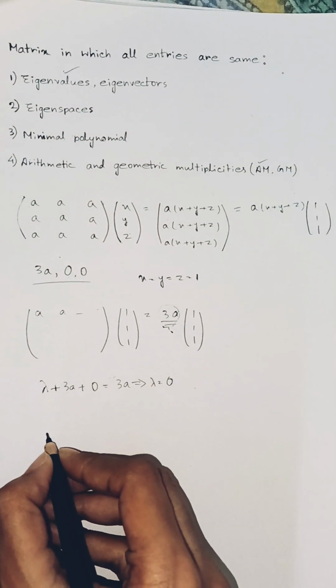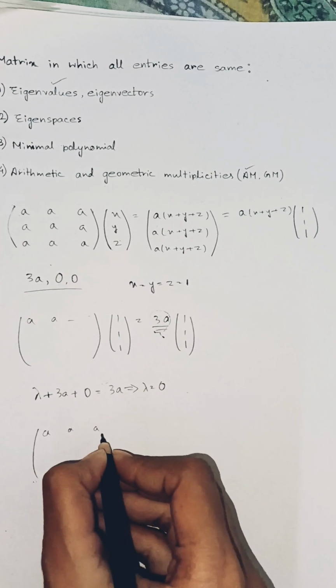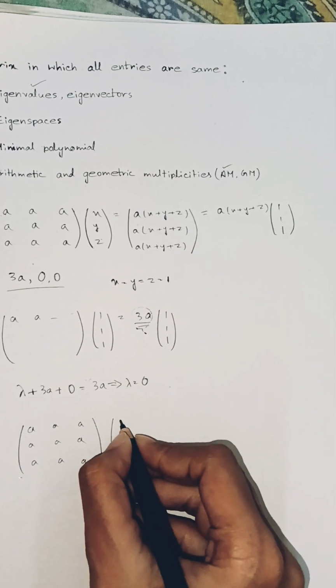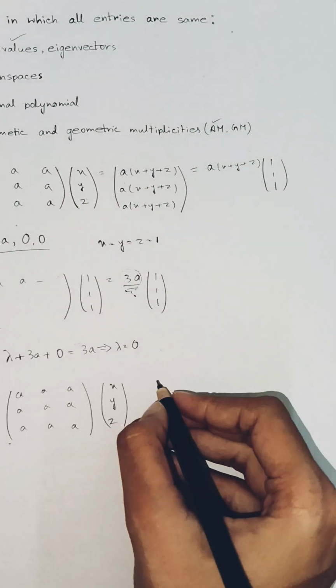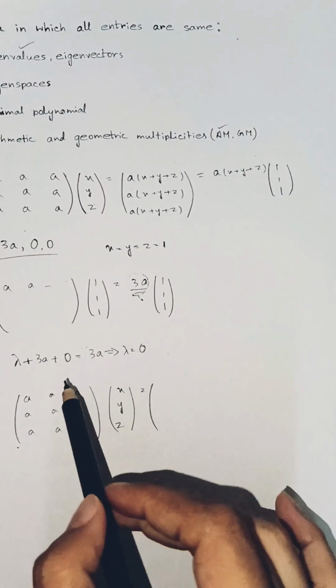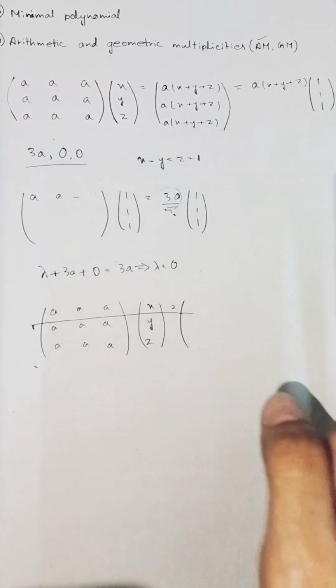Now see, let us write this matrix again. If x, y, z be an eigenvector corresponding to 0, then I am not writing this again because we have already calculated this here.